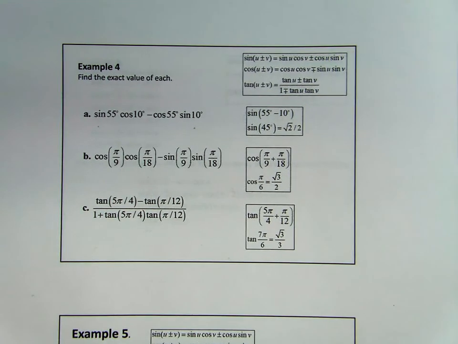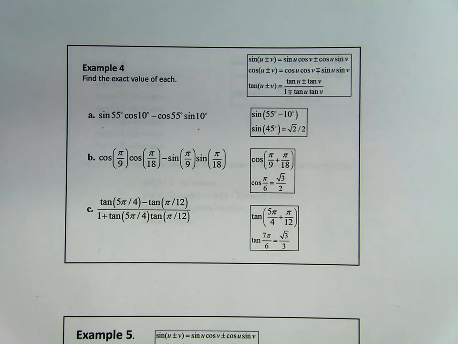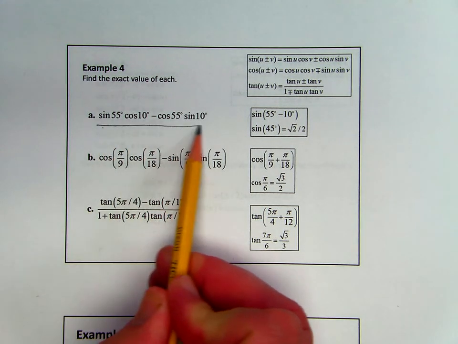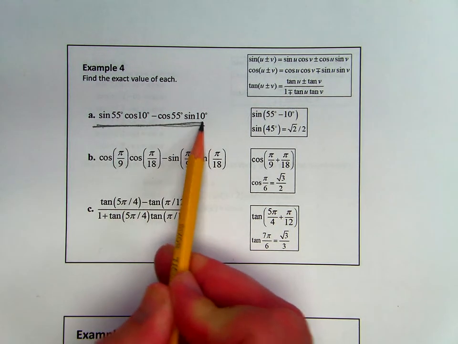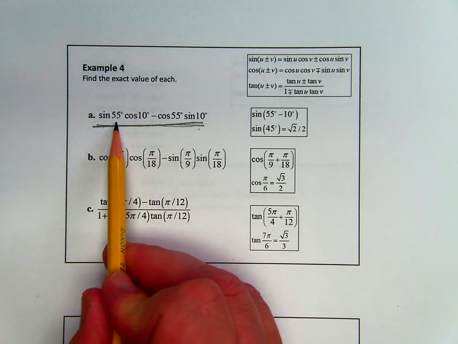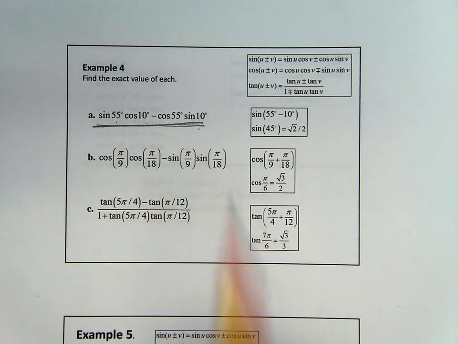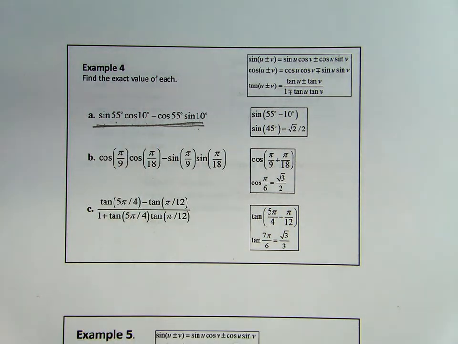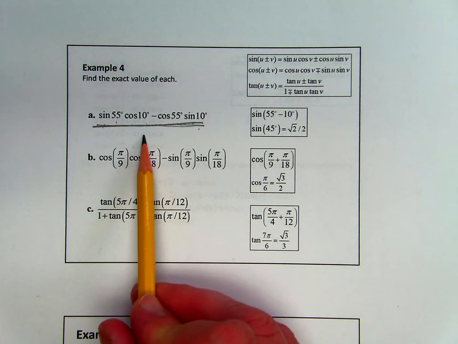All right, here's a justification of why we might want to do this. Our ultimate goal is to evaluate this big expression right here. If 55 degrees and 10 degrees appeared on a unit circle, we could simply evaluate each one, do the order of operations, and write our final answer. They don't. So what if we rewrite this using the appropriate formula?